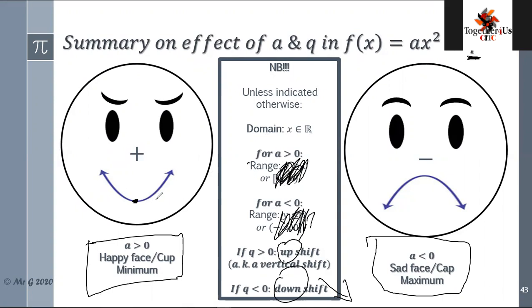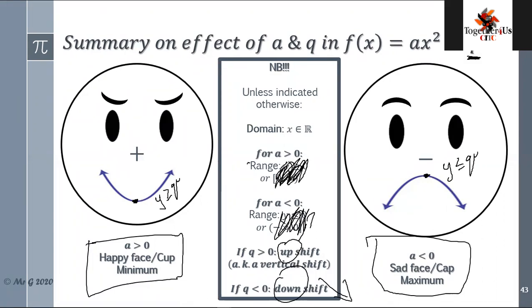And so your range, y will be greater than or equal to Q. And if you are sad, like in this case, then again, your range also depends on the value of Q. So y will be less than or equal to Q. So in essence, you are moving from minus infinity to whatever Q might be, and here you are moving from Q to positive infinity. That is very critical for you to understand and to know at this point.